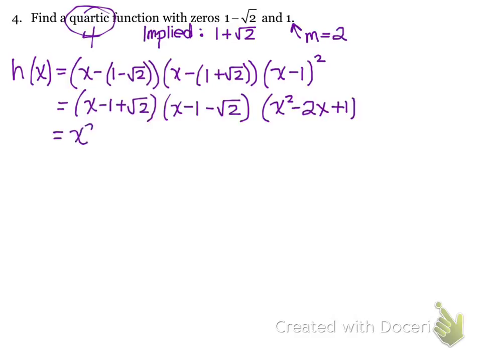And I'm going to get x squared minus x root 2 minus x plus 1 plus root 2. And then I have plus x root 2 minus root 2 and minus, now root 2 times root 2 is like saying the square root of 2 squared, which is 2 squared is 4, square root of that is 2.